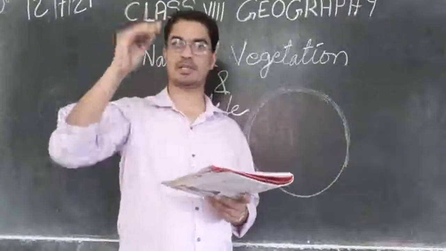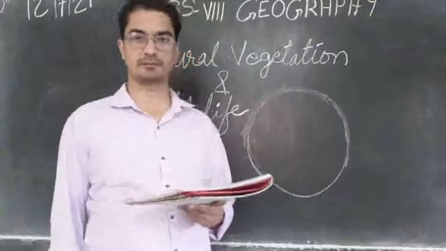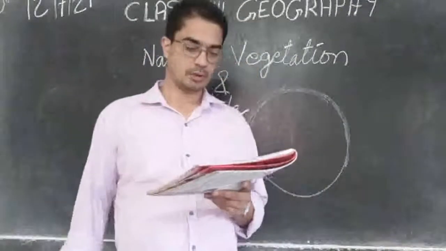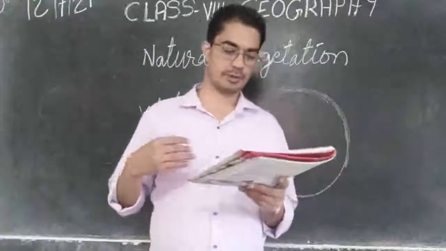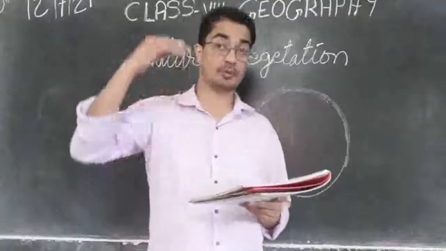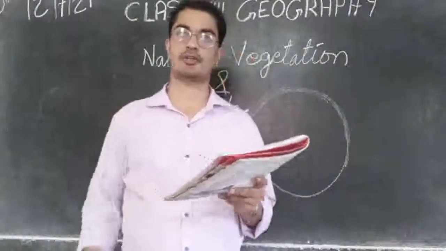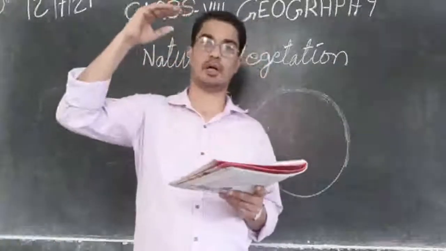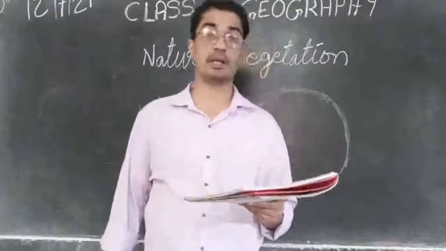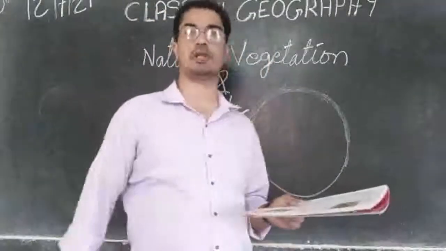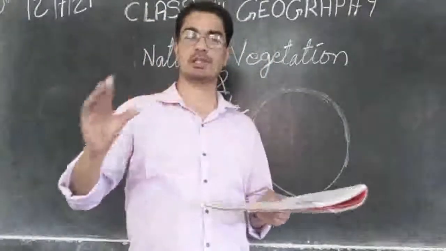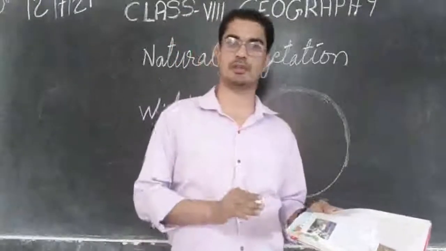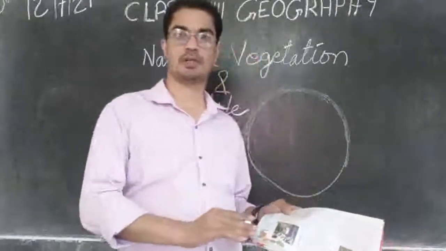So above the earth, what is there? The hydrosphere is there, then the atmosphere is there. The hydrosphere is the sphere of water, the atmosphere is the air above, and the lithosphere is the bottom level, the top of the earth.